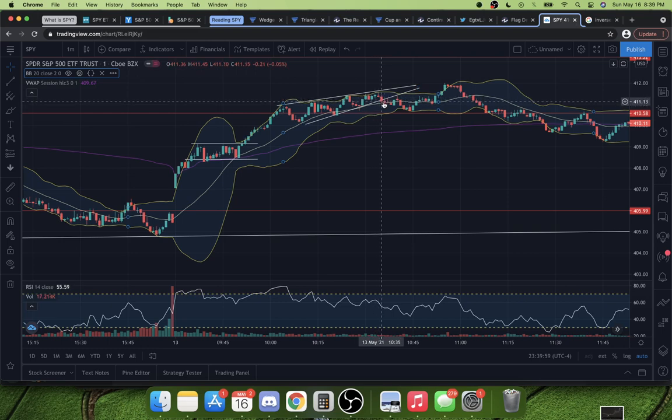If it had weakening volume on its consolidation upwards, and then on the break of this support trend it had an intense increase in volume, like you have here, you can see the volume increases a little bit there, and you get some large drop-offs there. That's where I'd be looking for volume analysis.